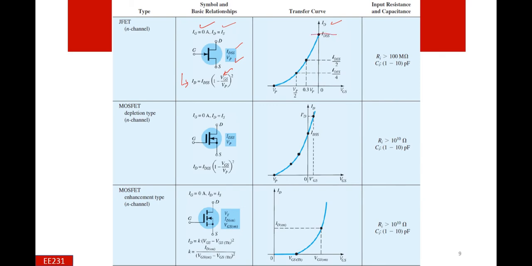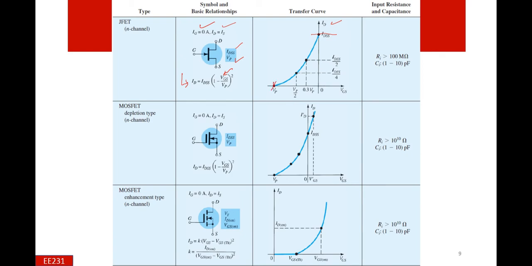We are talking about the conventional current, and n-type carriers are flowing from the source toward the drain, and this is the maximum current at 0 for this n-channel JFET. And when we take VGS equal to the pinch-off voltage, the current is definitely minimum or equal to 0. So this is the other point.